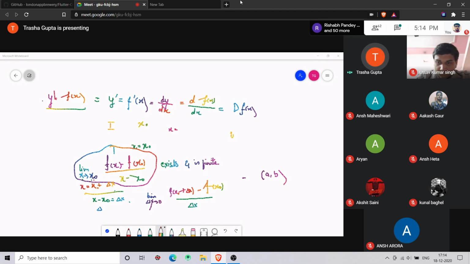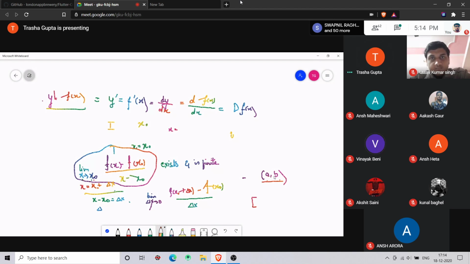The derivative should be defined at every point in this interval. If I am using this, this is an open interval. I hope you all understand that this is an open interval.